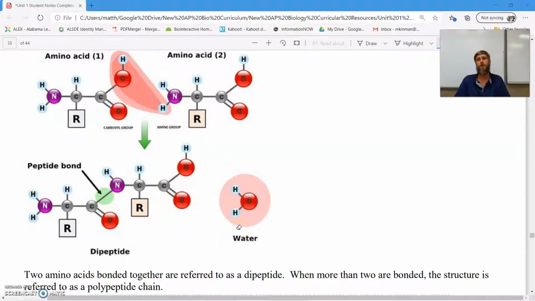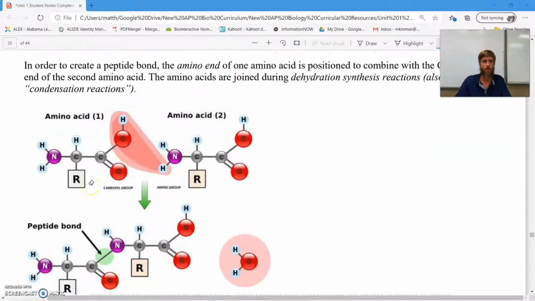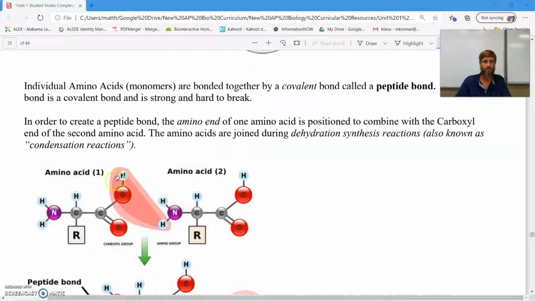So what type of reaction just occurred? Well, we lost the water, and when you lose the water, you dehydrate. And then whenever you make something bigger or something new, you synthesize. So a dehydration synthesis reaction is what we just created there.